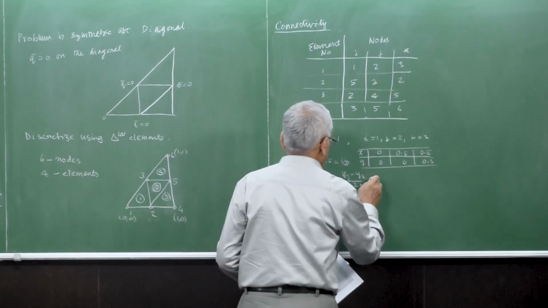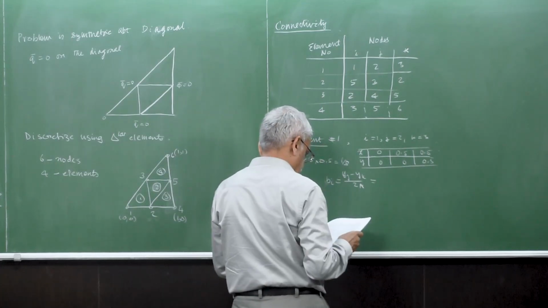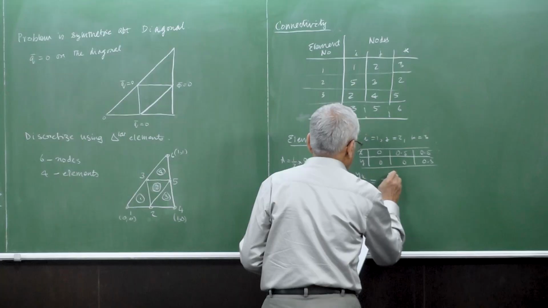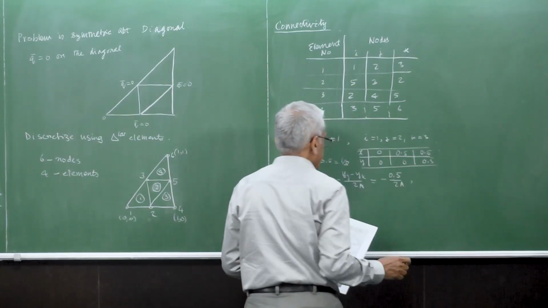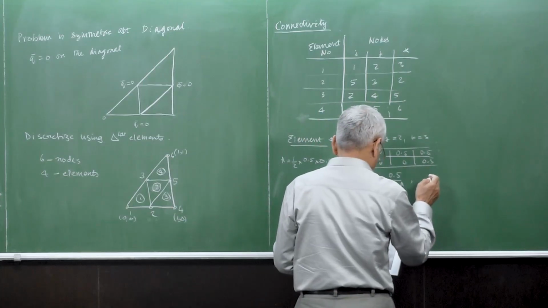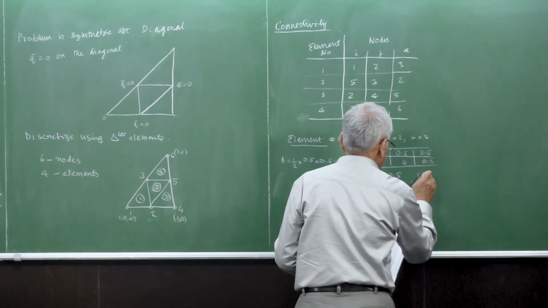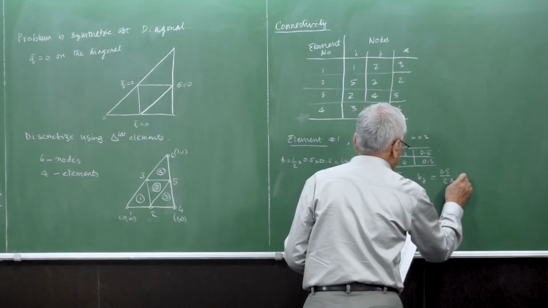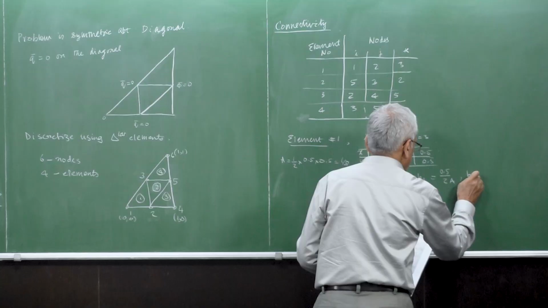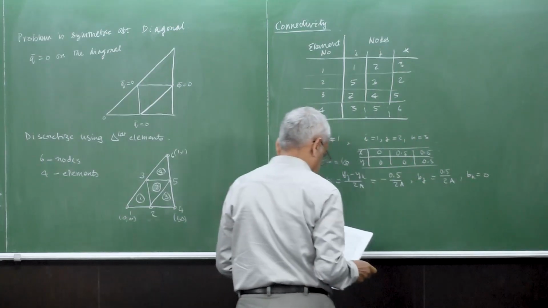This is what is needed, and then I'll just write down these things. Bi is minus 0.5 by 2A, and Bj is 0.5 by 2A, where A is the determinant, and Bk is 0.